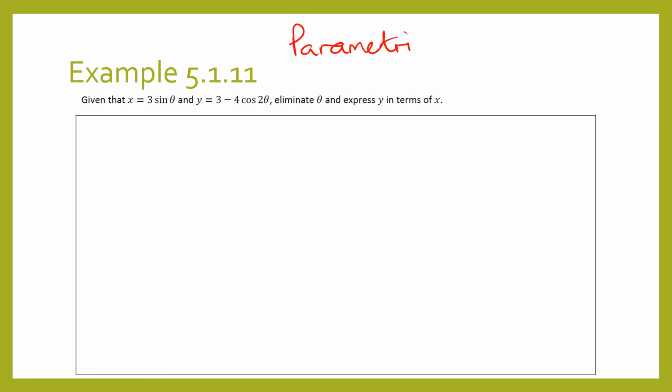You might have met those in a different chapter. You also might not, so don't worry if you haven't met them yet. That doesn't stop us from being able to do this example. But these are examples of parametric equations, x and y given in terms of a third variable, in this case theta, and we call that third variable the parameter.